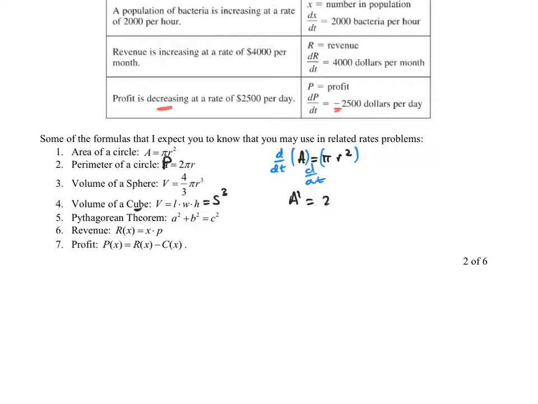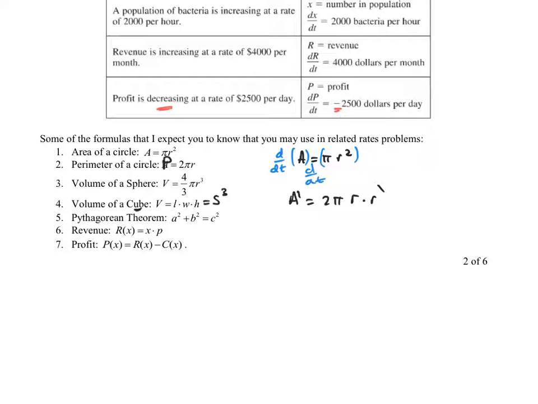So this would be 2 pi times r to the first power, but then you would need to multiply it times r prime. So the idea is they might give you at what rate the area is changing, and they might give you a length for the radius, and then they would ask you for what rate the radius is changing, or r prime. But there are three variables there, A prime, r, and r prime.